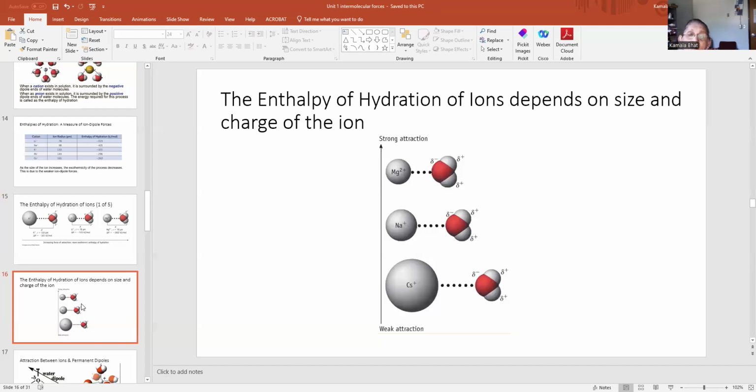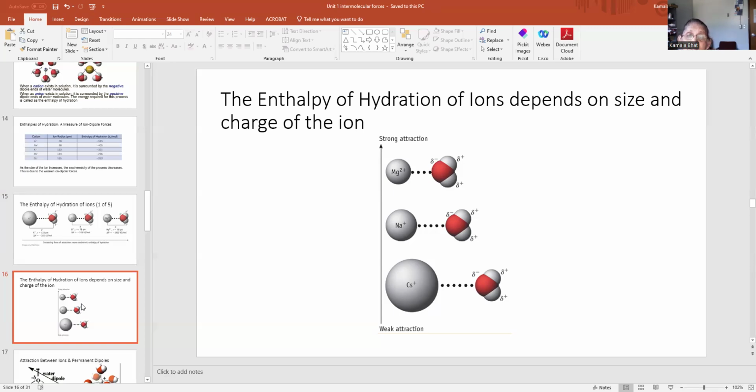And this also depicts your enthalpy of hydration between different types of ions in the same group, or in group 1A and 2A. Magnesium is charged plus 2, and it is almost the same size as lithium at 79 picometers.